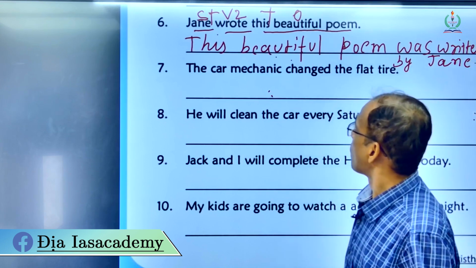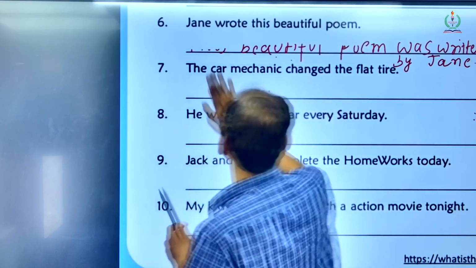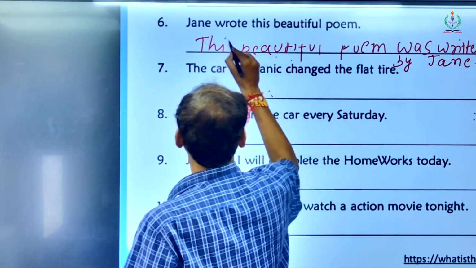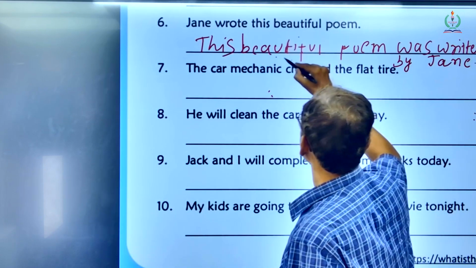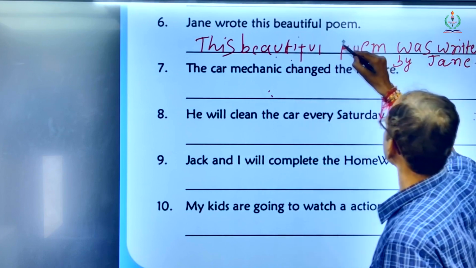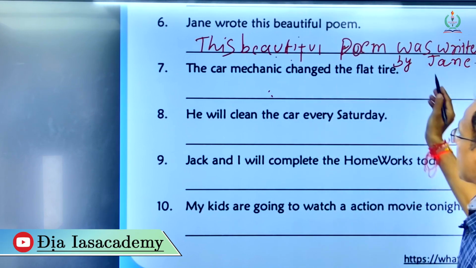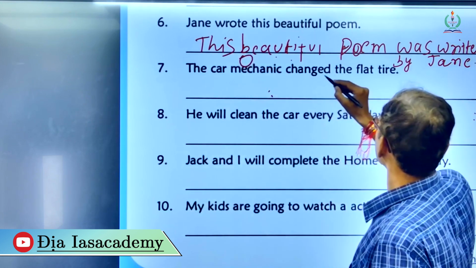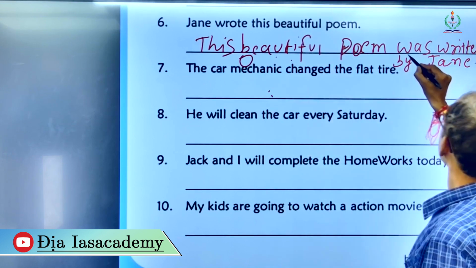Now, when we talk about the answer, this beautiful poem was written by Jane. In this sentence, we can see that the object becomes the subject: object plus, this beautiful poem was.